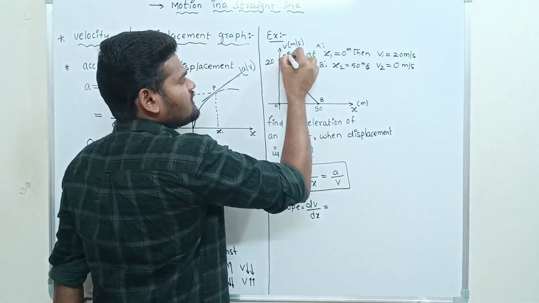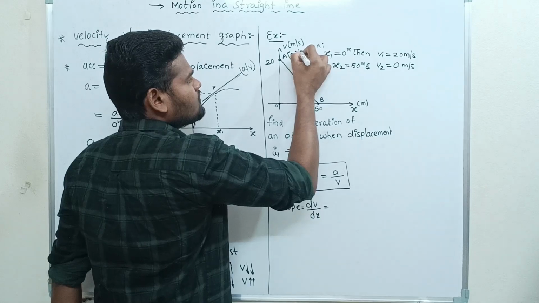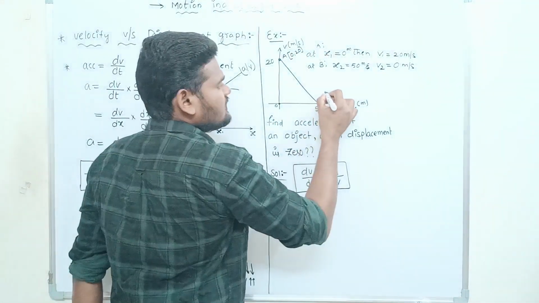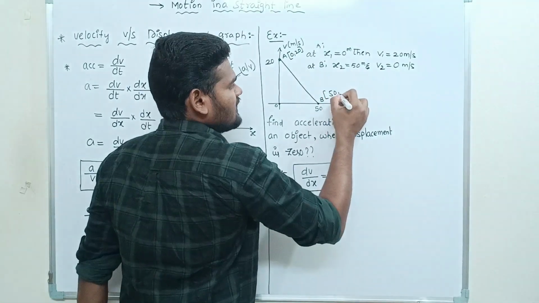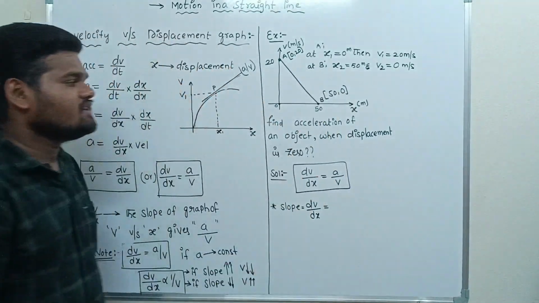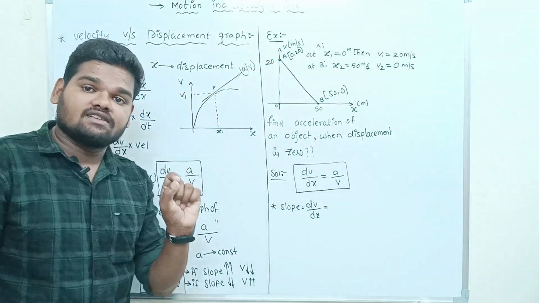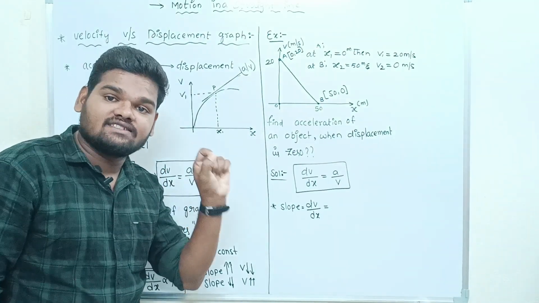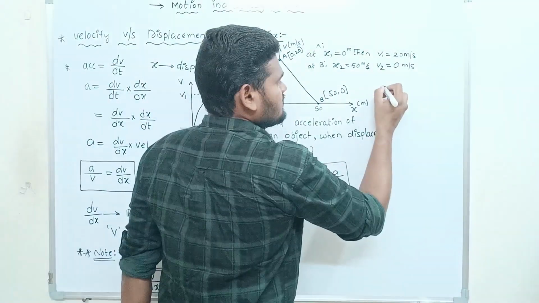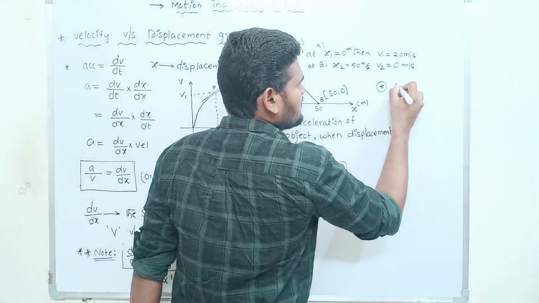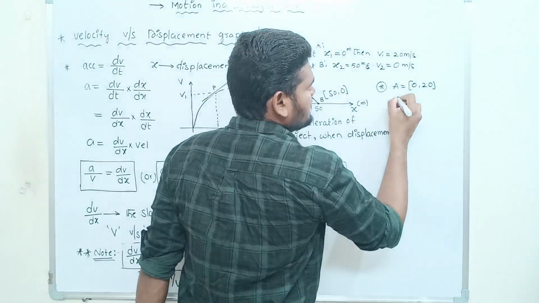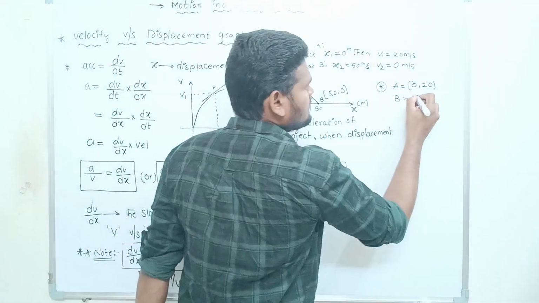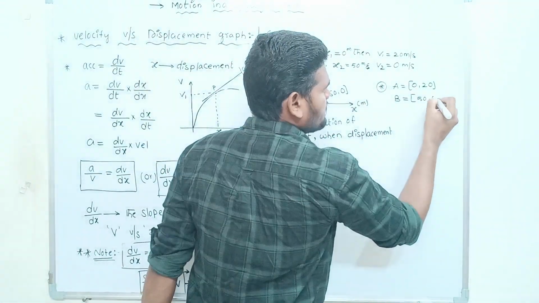Point A is 0 comma 20 and point B is 50 comma 0. Simple coordinate geometry. So we got the initial point A equal to 0 comma 20, and B equal to 50 comma 0.